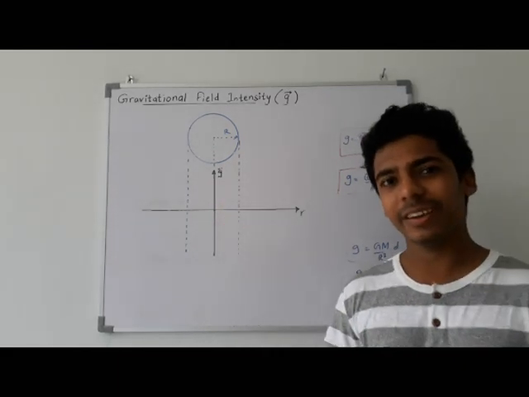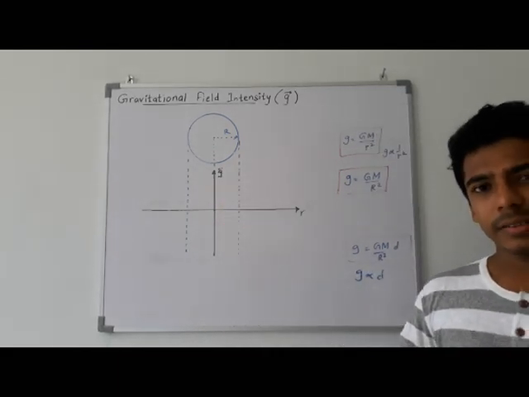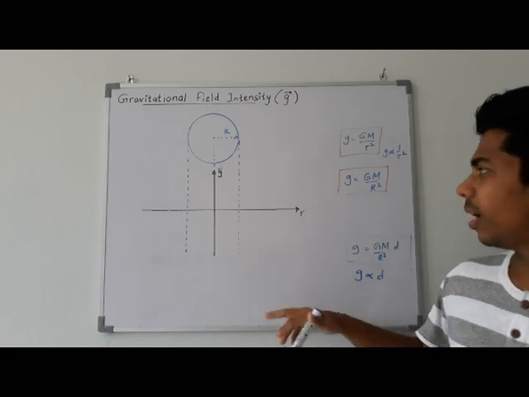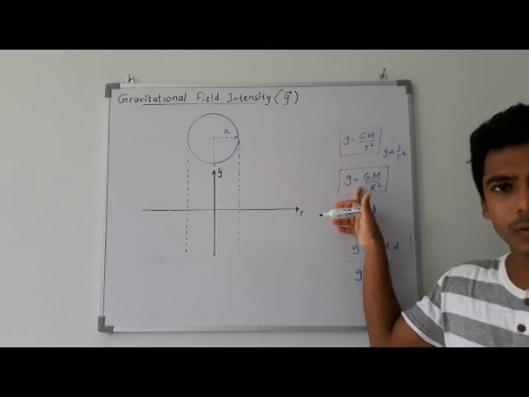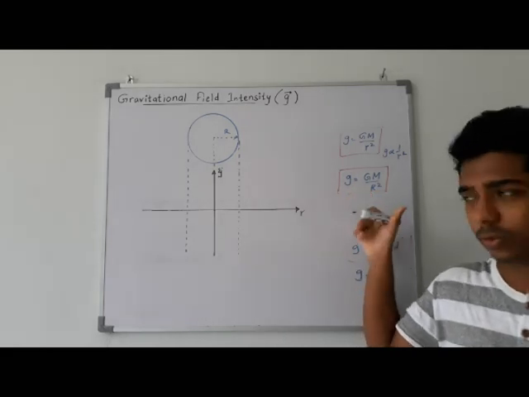That means gravitational field intensity increases linearly with the distance, and at the radius we know the gravitational field intensity has a value, that is g is equal to GM over R squared.